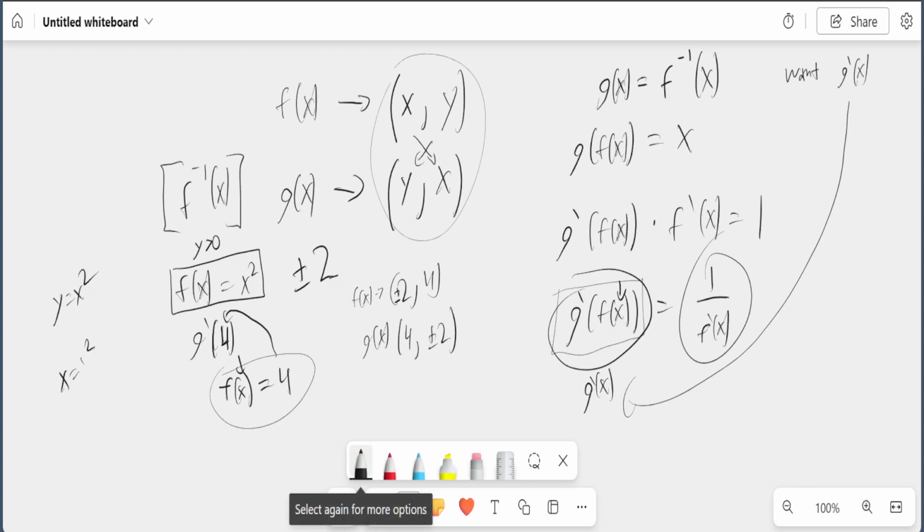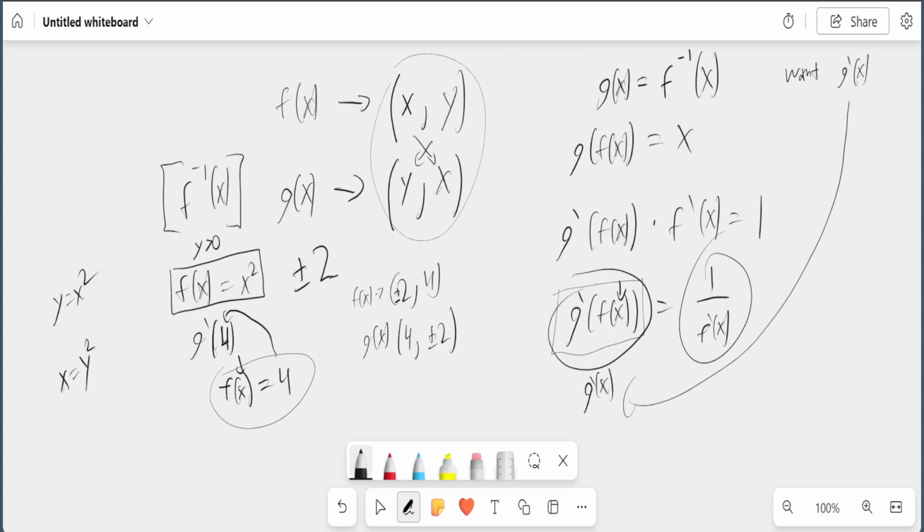The reason for it is because this x does not match with this x. These are not the same x. The x over here is what you plug in, right? So you plug in an x and you get an output, right? So here I plugged in plus or minus 2 and I got 4. The x on our inverse, it's if we're given a y. This is actually our x.